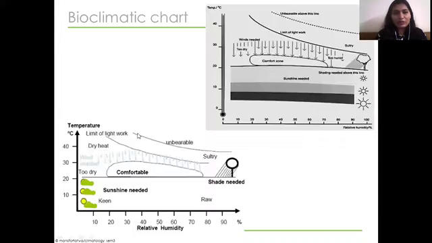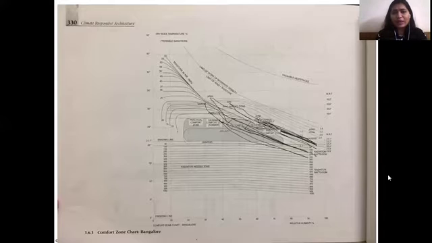So I'll give you one example of Bangalore. This is a bioclimatic chart which is plotted for Bangalore, and each line indicates the monthly data. So year round, 12 months of plotting has been done here. Since Bangalore experiences a moderate climate, most of the year, most of the lines you see are falling within the comfort zone, right?